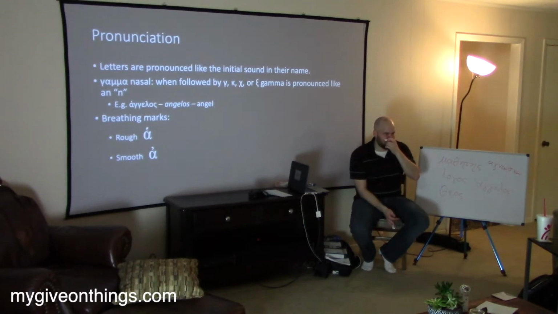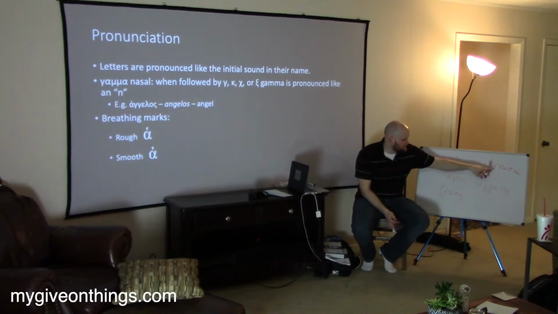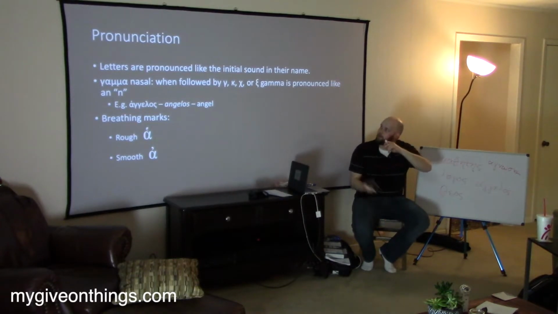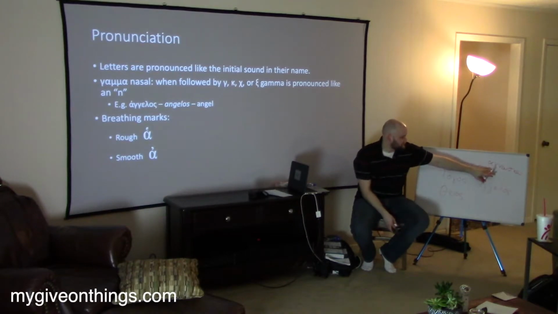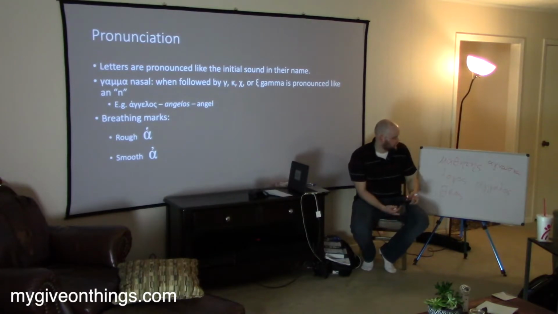The gamma nasal. But it's when gamma is before these four letters: gamma, kappa, chi, and xi. So you'll see this a few times. Agnosko, meaning like agnostic, where we get our word agnostic. Without knowledge.